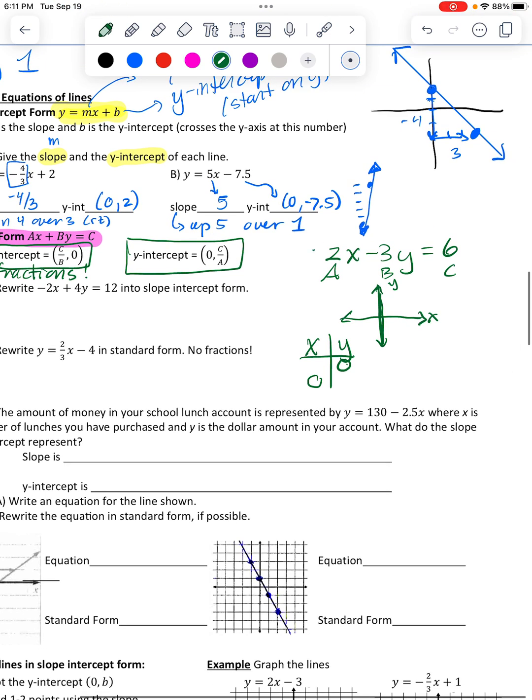So like in this example, if I'm going to try to find out where it crosses x, I'm going to have 2x minus 3, but I'm putting in a 0 for y, so that part disappears. And all I would do is take 6 divided by 2. So that happens to be the C value over the A value, which is why up here it's telling me what I'm going to be dividing by. So I'm going to go to 3 here.